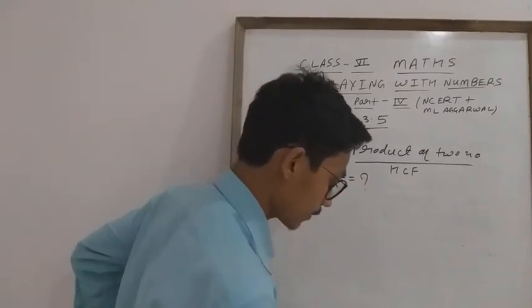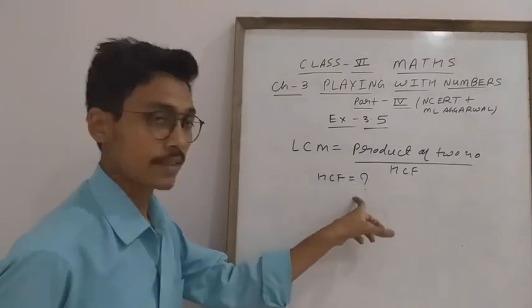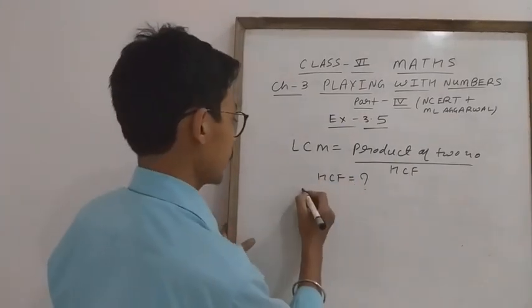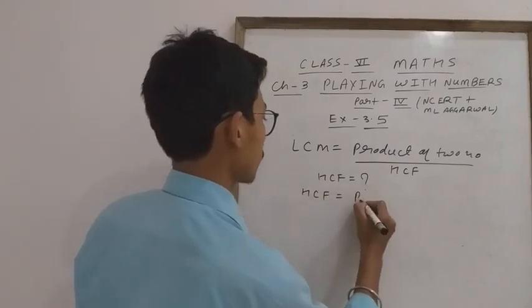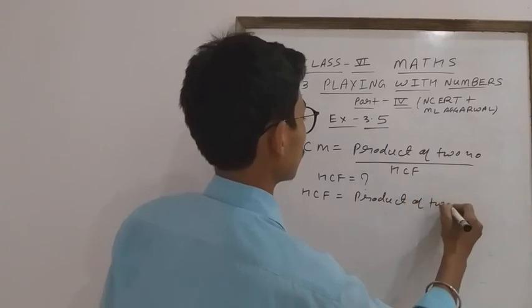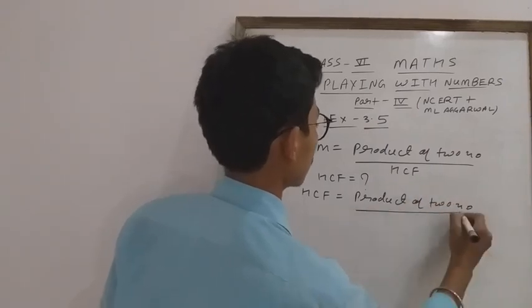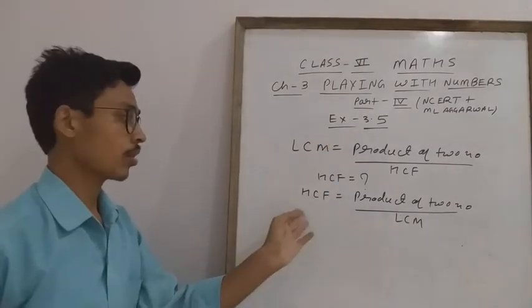If you have to find HCF, what will you apply? You will write HCF equals the product of two numbers upon LCM. Clear student? That means with the help of this you can also find HCF.